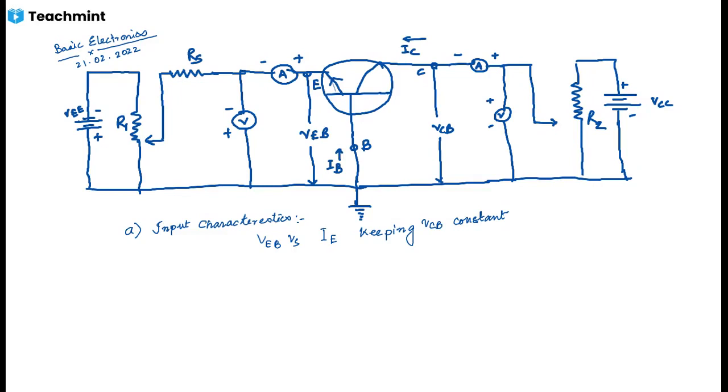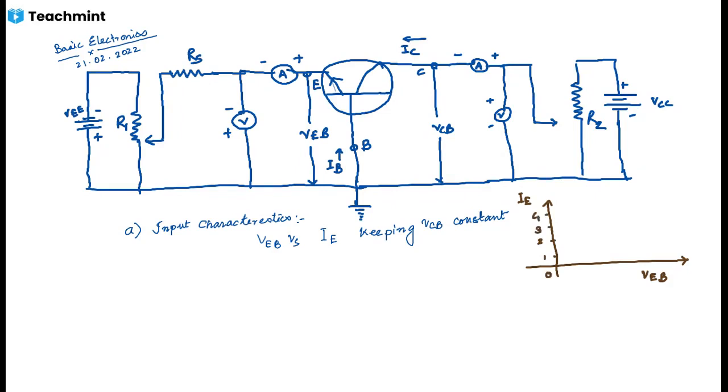So x-axis is our VEB and y-axis is equal to IE. So this is the value 0, 1, 2, 3, 4.